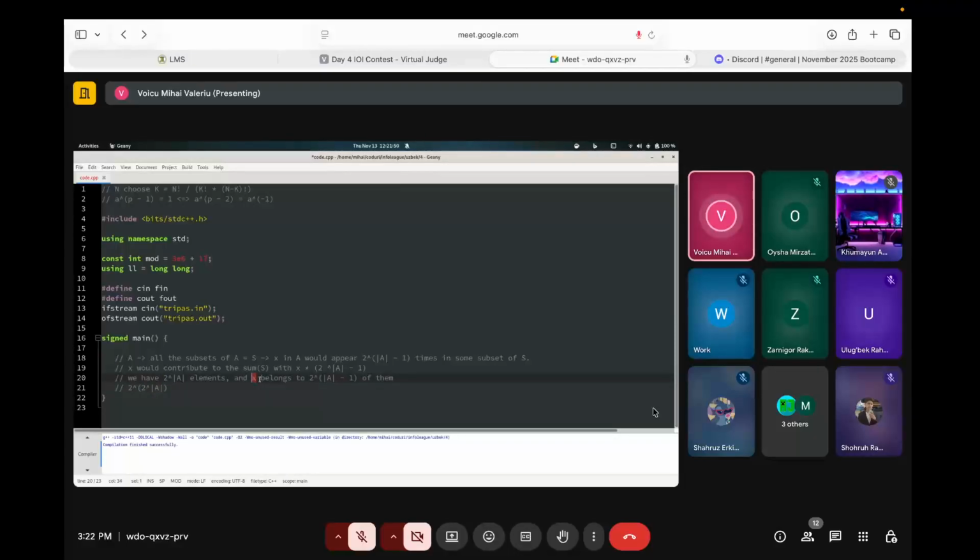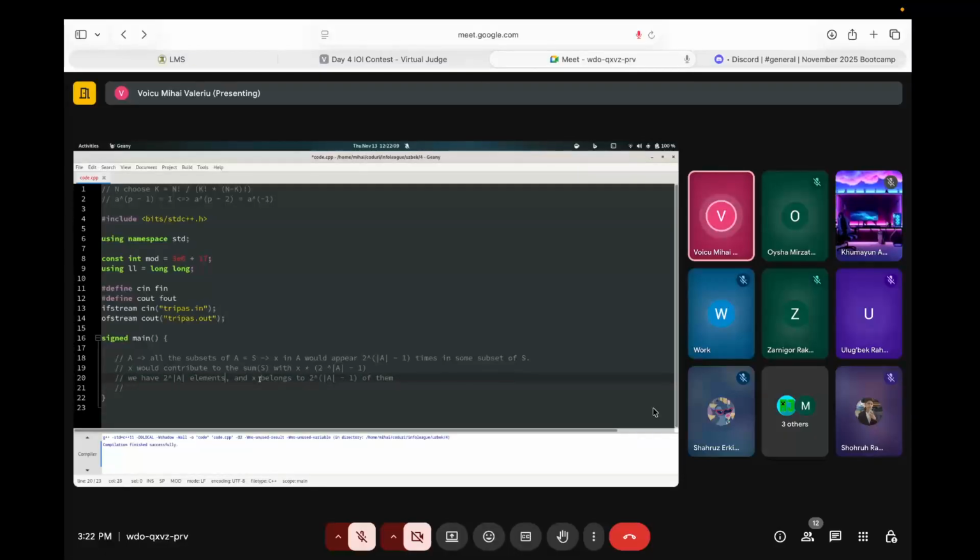X will not belong to a subset that is not in one of these subsets. But then there is a coefficient. Oh yeah, so then it doesn't matter. Okay.